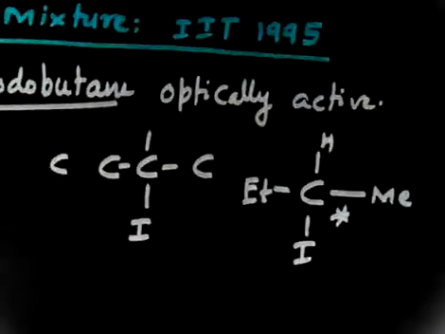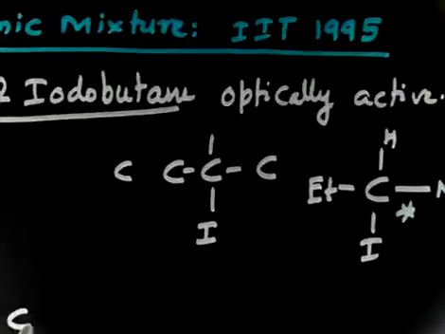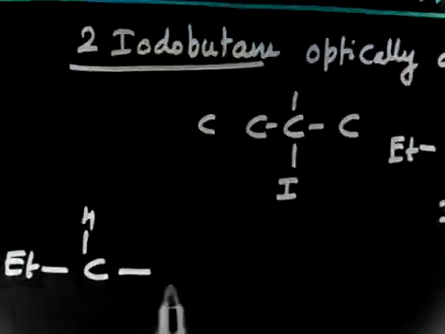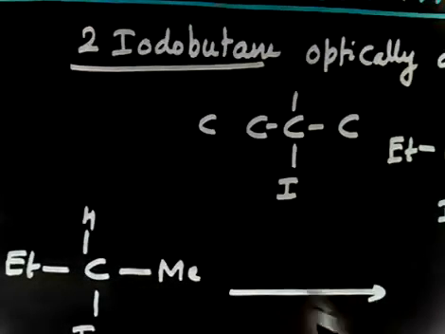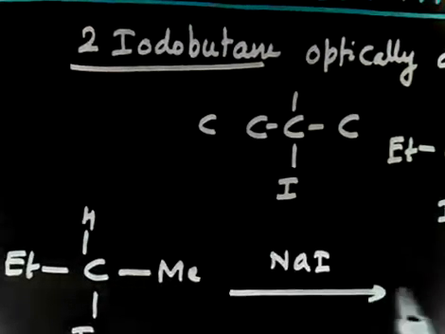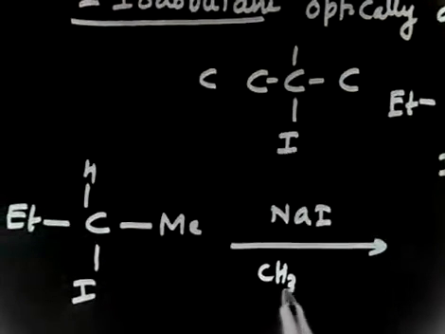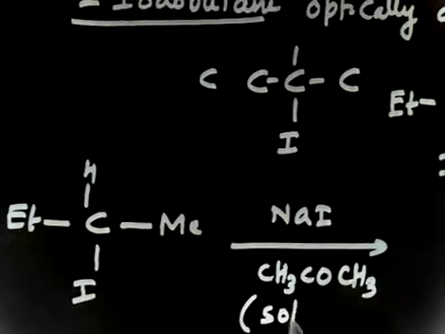The question says optically active 2-iodobutane on treatment with NaI. So if I treat this compound with NaI in acetone, the solvent is acetone, CH3COCH3, and this is acting as a solvent.